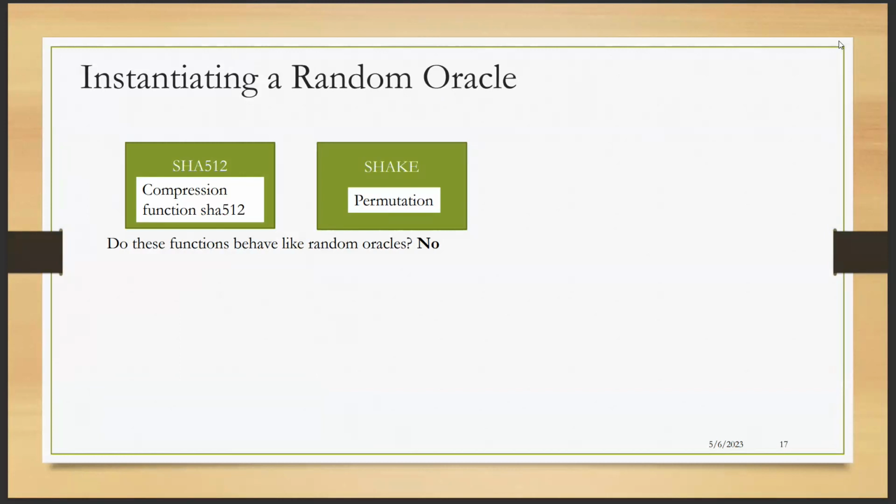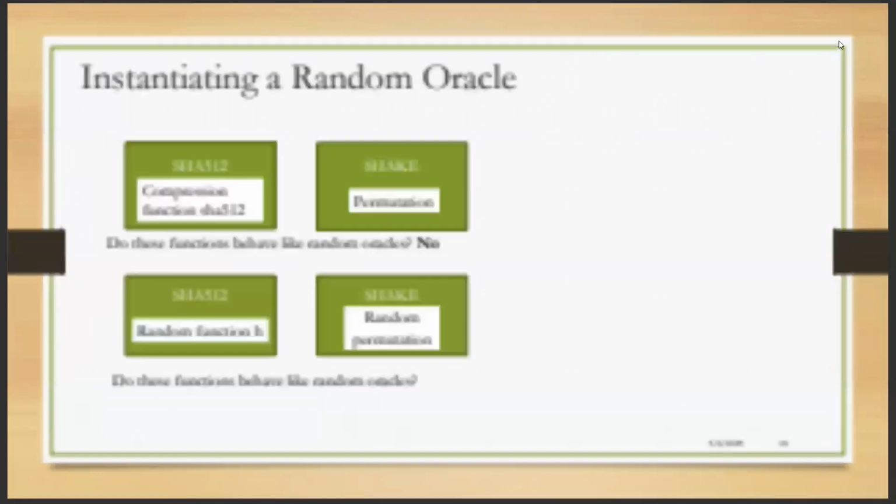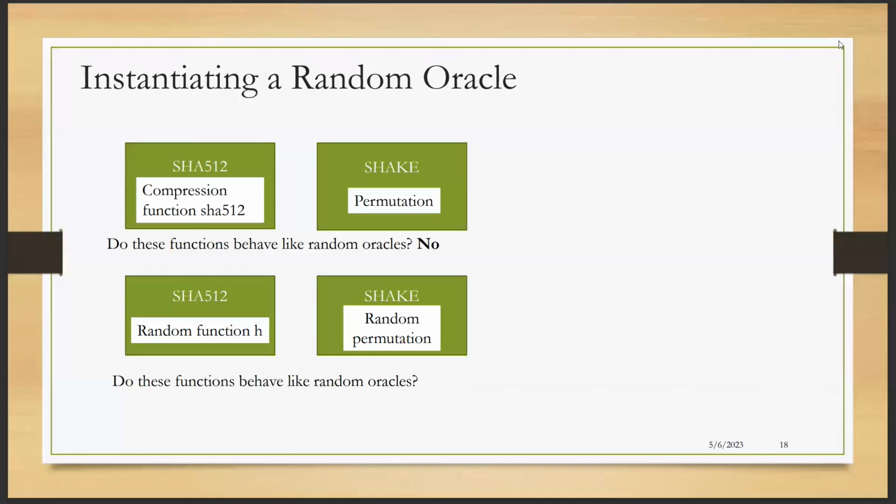In order to model them as a random oracle, what we want is for them to look like a random oracle when their underlying primitives are assumed to be ideal, or assumed to be random themselves. And what this will help us ensure is that the iterative structure of SHA-512 isn't going to become a problem when we plug it into something that's assuming it's a random oracle.